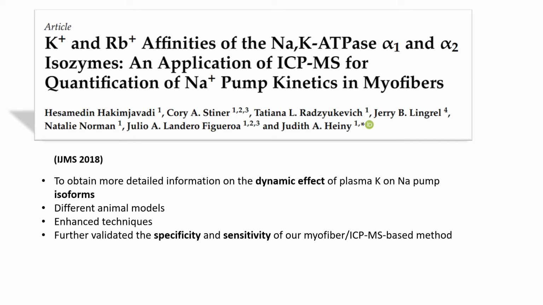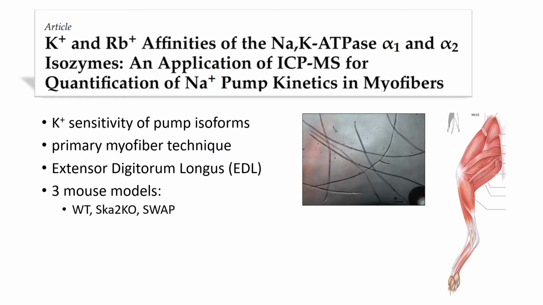In another related study published in 2018, we aimed to obtain more detailed information on the dynamic effect of plasma potassium on sodium pump isoforms. So we used different animal models, we enhanced our technique, and we further validated the specificity and sensitivity of our myofiber method.